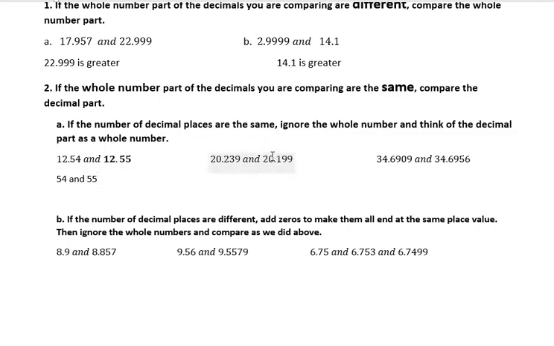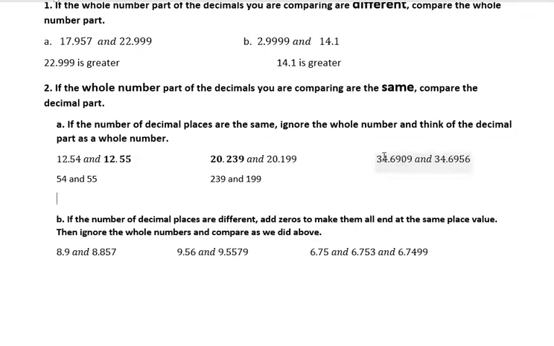Here I have 20 for my whole number part, so that doesn't help me again. But I have 239 and 199 as my decimal parts. And I definitely know that 239 is greater than 199, so that 20 and 239 thousandths is the greater number.